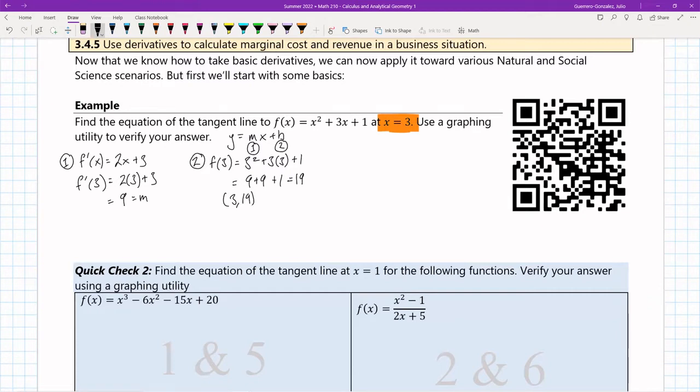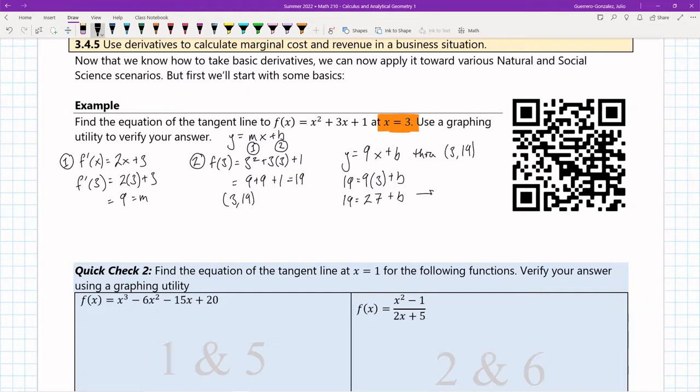So we know our equation of the tangent line is y equals 9x plus b, through our point 3, comma 19. Sorry, 9x plus b. So my y, 19, is equal to 9 times 3 plus b. 19 is equal to 27 plus b.